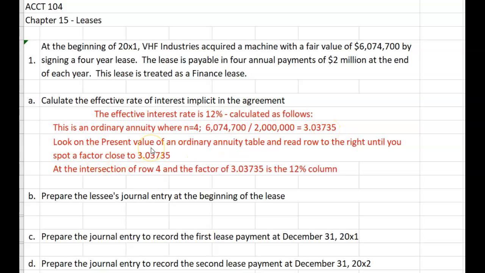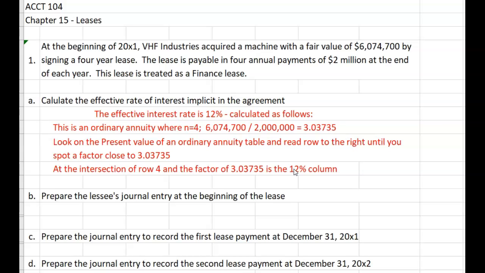Look at the present value table of an ordinary annuity table and read row 4 to the right until you spot a factor close to our factor. At the intersection of row 4 and our factor is the 12% column.